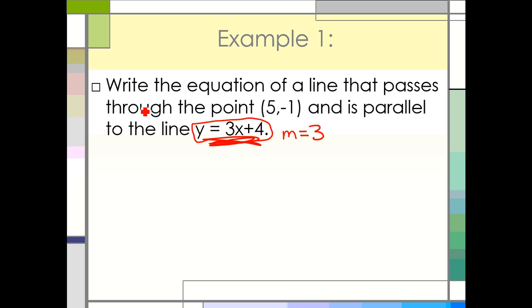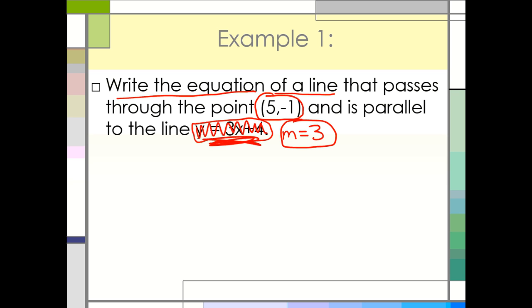Well, so now I'm asking you to write an equation of a line that goes through this coordinate and has this slope. That's all I'm asking you to do now. So ignore this. We don't need that anymore. The only reason we needed it was to get the slope from it.